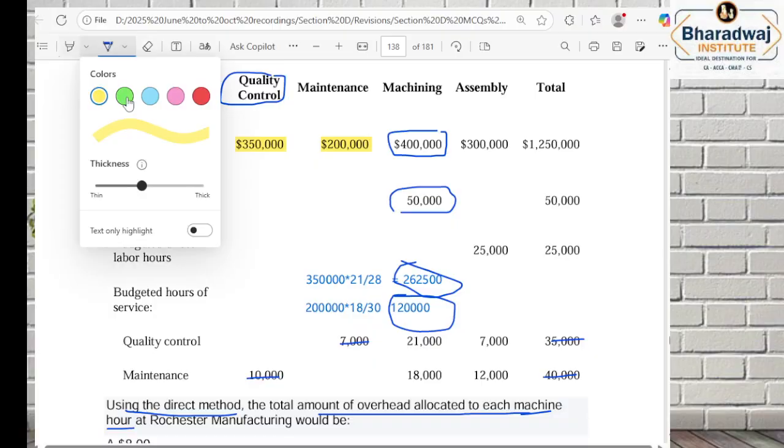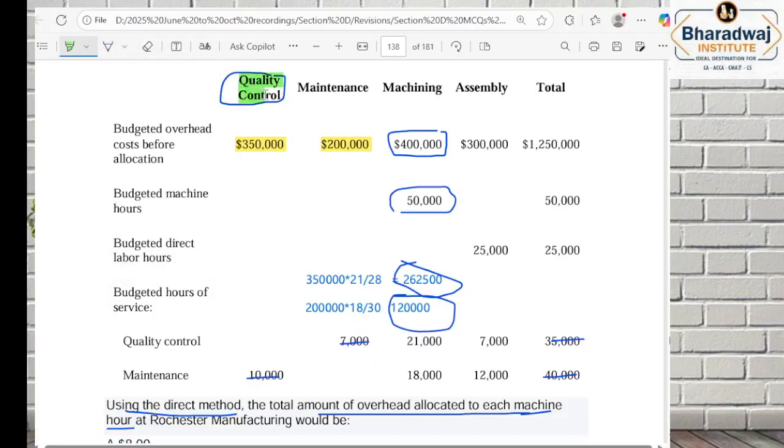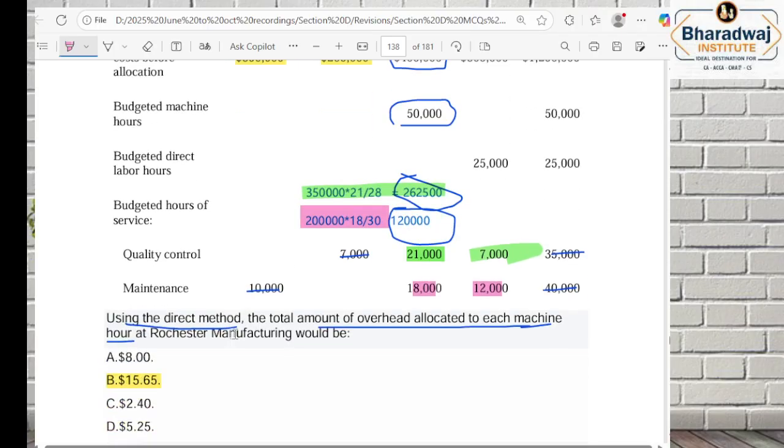The quality control cost, 3,50,000, will be assigned only to machining and assembly. That is why 21 by 28 for this. Likewise, maintenance, 2 lakhs, will be assigned only between these two. That is why 18 by 30. We don't consider the other cost because it is direct allocation to the other departments.